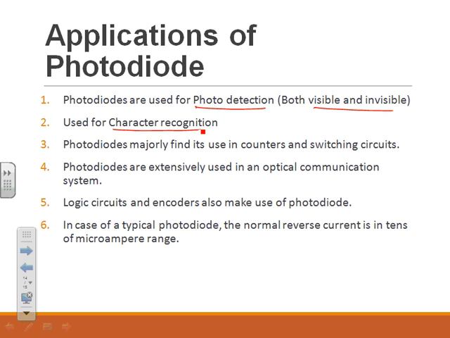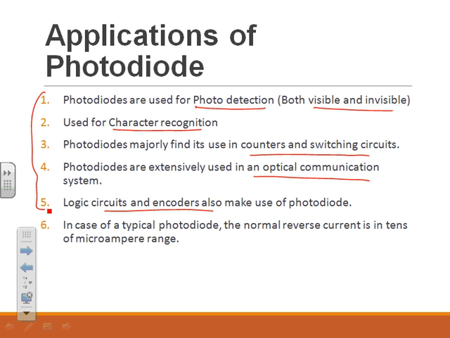Photodiodes also find major use in counters and switching circuits. They are used in optical communication systems. Again, logic circuits and encoders make use of this photodiode. In the case of a typical photodiode, the normal reverse current is in the tens of microampere range. So these are the applications of the photodiode.